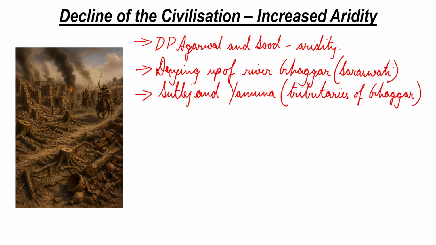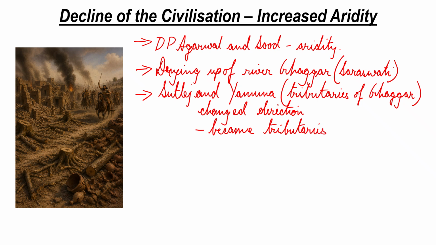They changed course, changed direction, and became tributaries of Indus and Ganga. So Yamuna went to Ganga and Sutlej went to Indus.